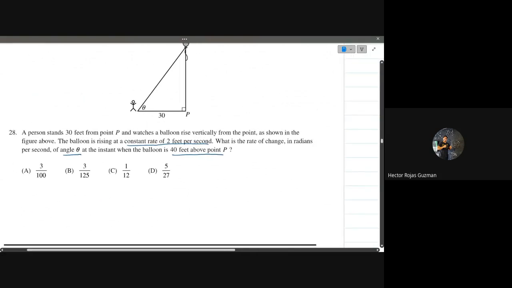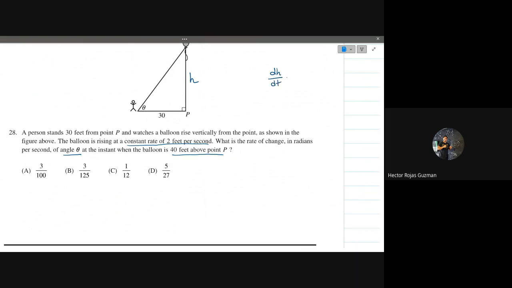Okay, so we're going to call this height h, and they're saying that the rate of change of the height is 2 feet per second. What's the rate of change of the angle? d theta dt is the question mark at the instant when the balloon is 40, so that means the balloon has a height of 40 feet.